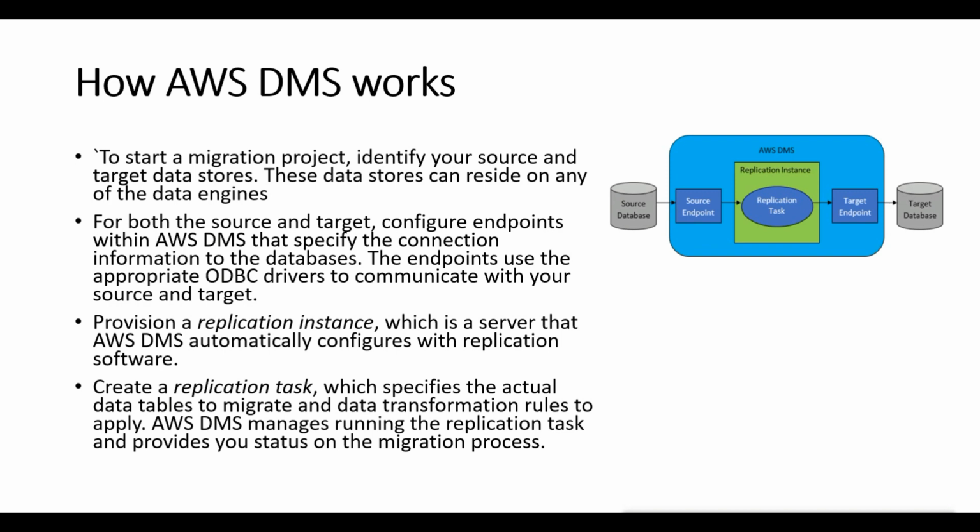AWS DMS also creates the target schema objects necessary to perform the migration. It creates only those objects required to efficiently migrate the data. But you need to remember, for migration of an Oracle database, you need to create the target schema on your own. AWS DMS does not create the target schema.